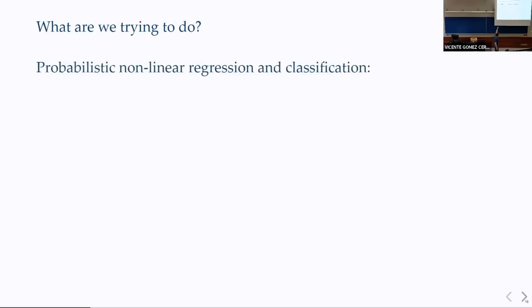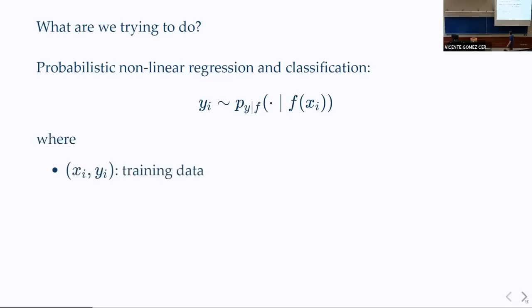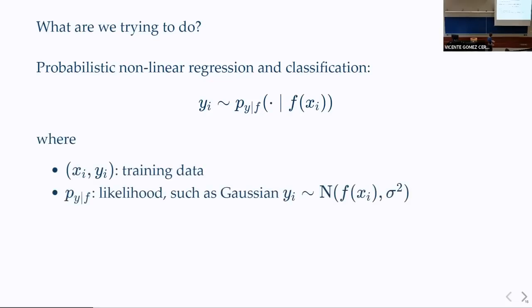Here, we're again going to do either nonlinear regression or classification. But now, instead of just imagining we have some data and some loss function, we're going to have a conditional distribution for the y values given the x values and the function f. As before, the x and y pairs are our training data, but now we have a likelihood instead of a loss function.